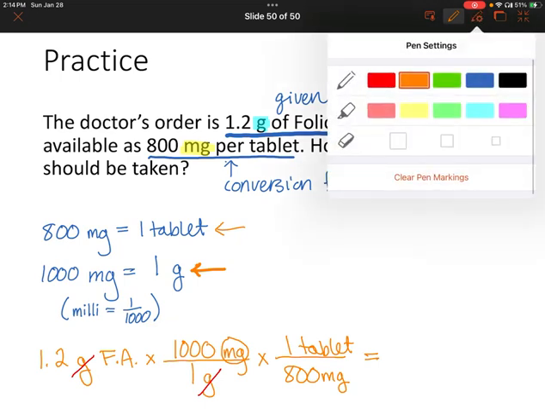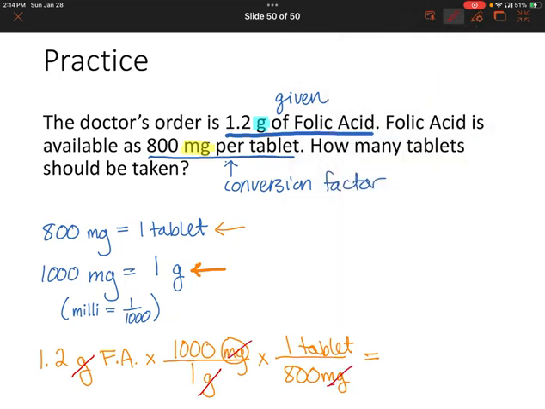All right, so now we've canceled milligrams, and we'll finally end up with tablets. So if we summarize this, we have 1.2 times 1,000 times 1 all over 1 times 800. And obviously we could leave out the ones because they just give us the same number back.